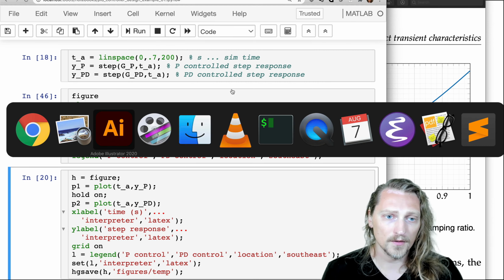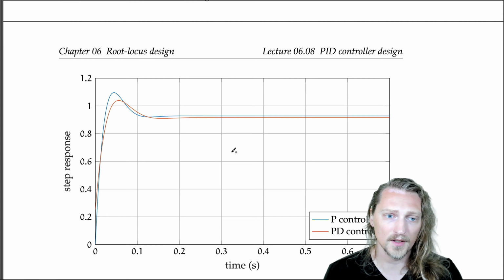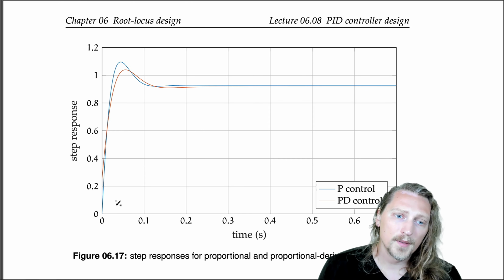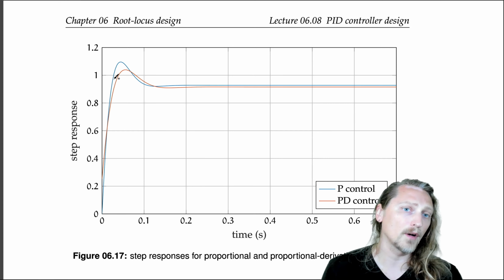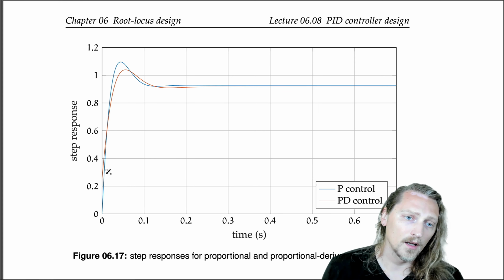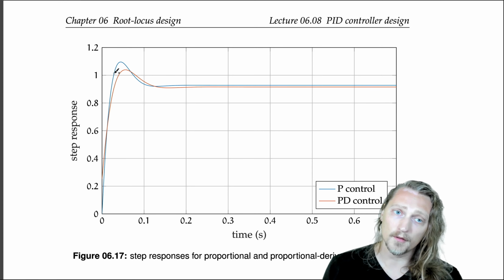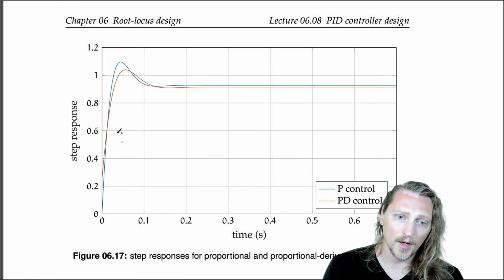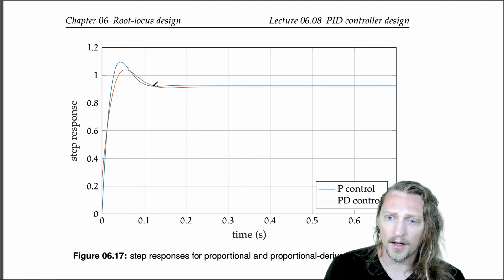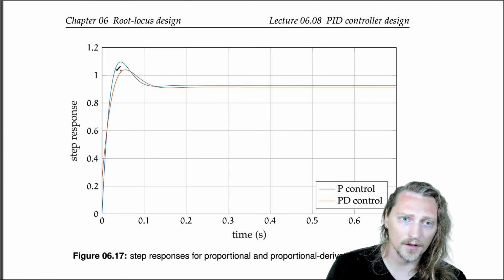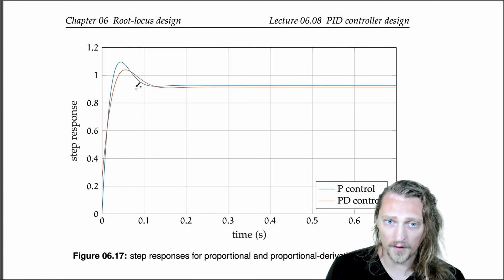I'll actually show it in here because it's a little bit easier to see. So the P controller is in blue, and it has a pretty quick rise time, actually. The rise time was quicker than what we're looking for, which is about 0.05. And we've got a percent overshoot here for the proportional controller that's definitely too large.